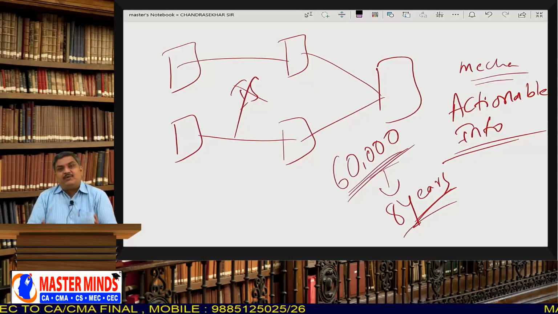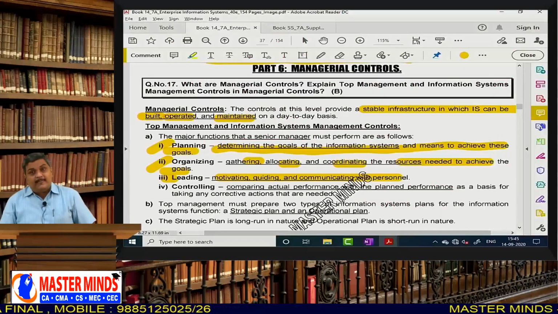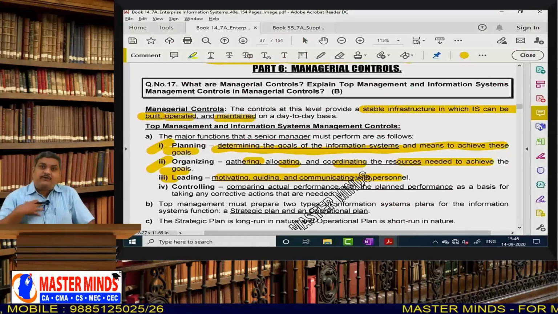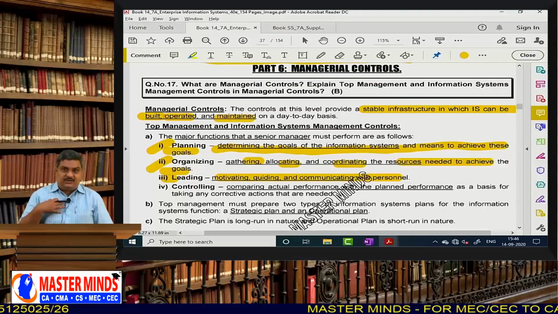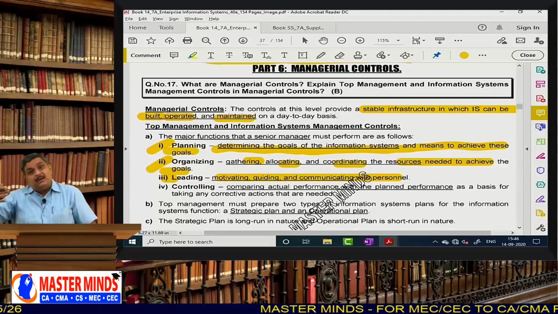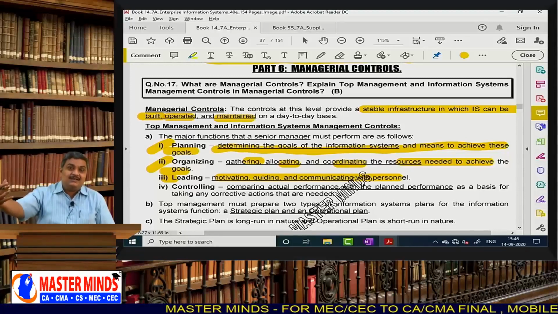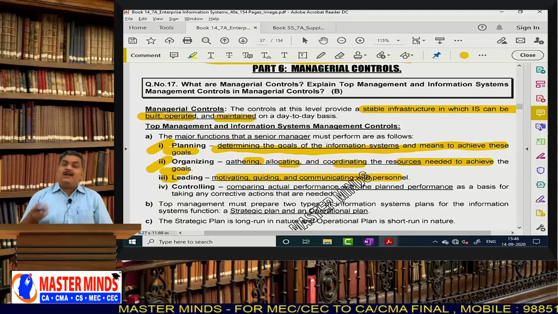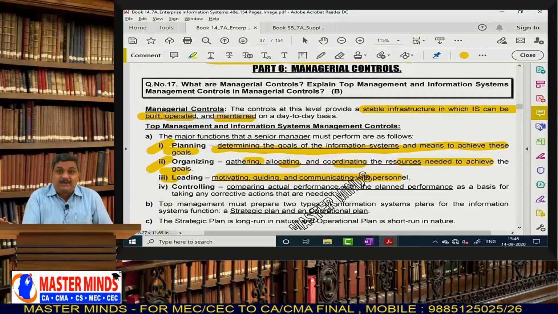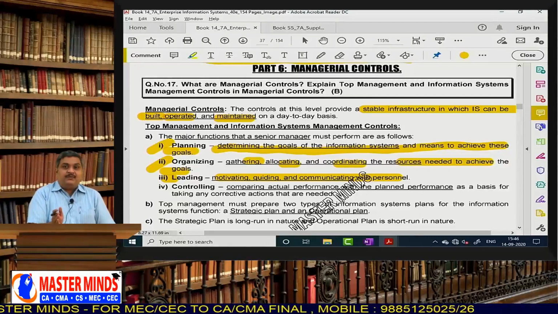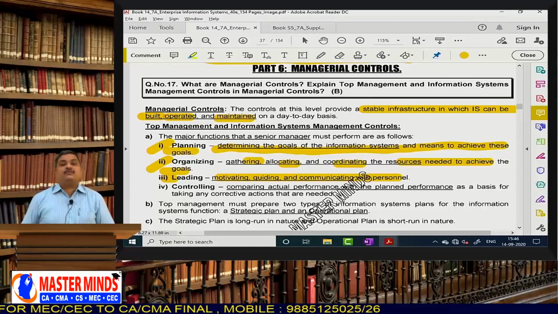So definitely some motivation, some leading is required because the projects may get delayed. See, what is my goal of having an information system? I want actionable information to take better decisions. But if building that information system takes a lot of time and exceeds the stipulated time, then I will lose a lot of things, isn't it? If my information system does not get completed in the stipulated period, then there will be cost overrun, time overrun, and meanwhile I lose a lot of things.